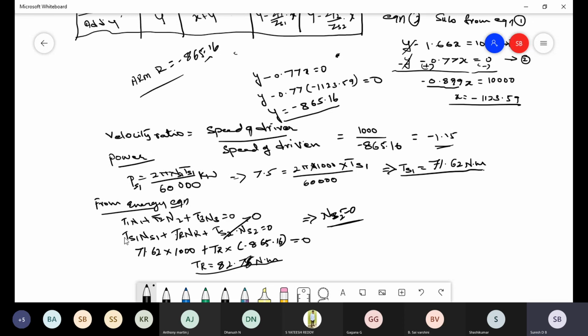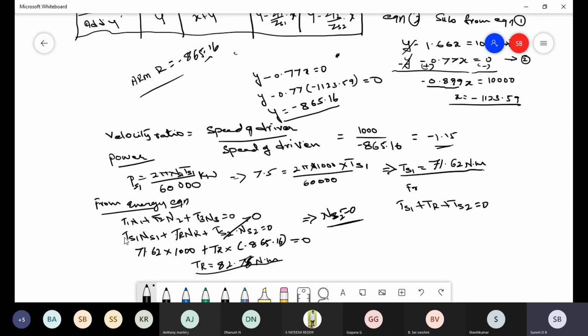This much torque is produced in ring gear R. Once you know the torque of ring gear R and sun gear S1, you can easily find the S2 sun gear torque. TS1 plus TR plus TS2 equals 0. Without considering the speed, this is the torque equation.